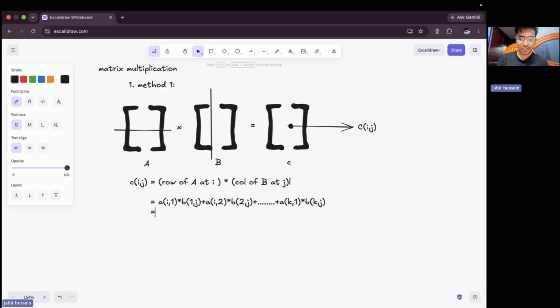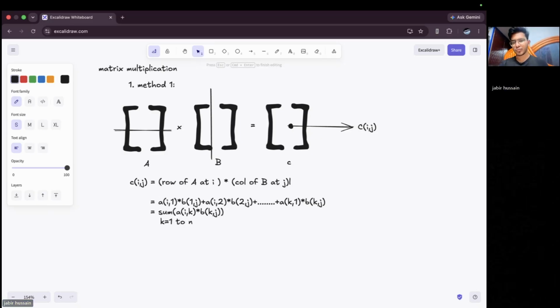Can I write this as a sum? I'm representing summation like this: sum of A of i comma k cross B of k comma j, where k starts from 1 to n, whatever elements I have.